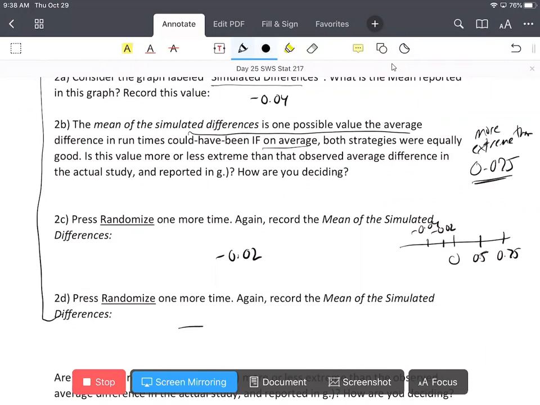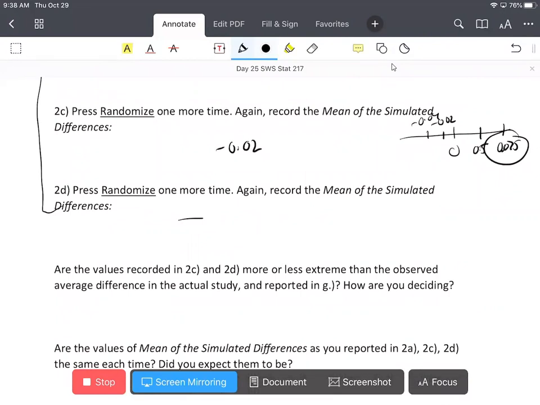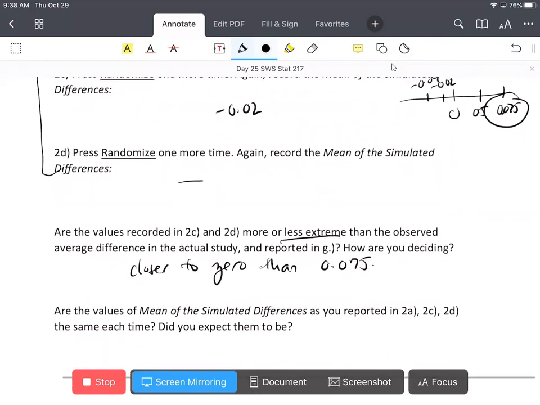These are not as extreme as 0.075. All right, so they are not. So are the values that we found more or less extreme? Well, they're less extreme because they're closer to 0 than 0.075.